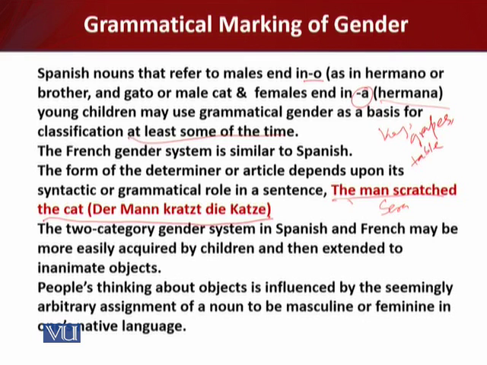We have another study conducted by Schmidt and colleagues. They studied individuals whose native language was either Spanish or German, but who also spoke English. Participants were asked to describe in English objects that were either grammatically masculine or feminine in their native language. For example, key is masculine in German and feminine in Spanish.